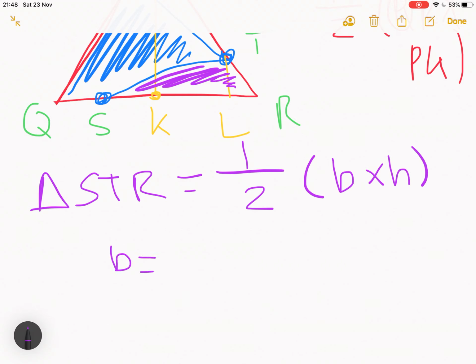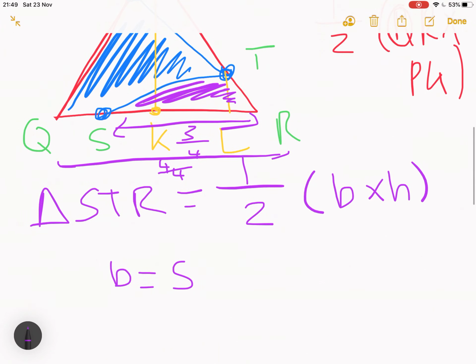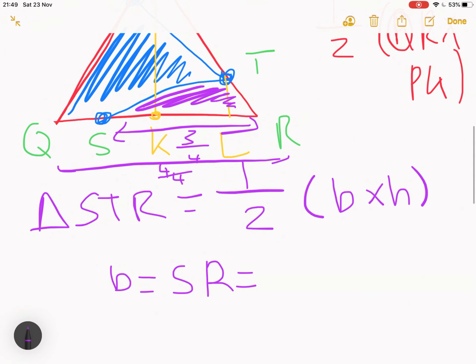We know the base is SR. We know that SR is 3/4 of QR, as QS is 1/4 along it. So SR equals 3/4 of QR. So we have our base.